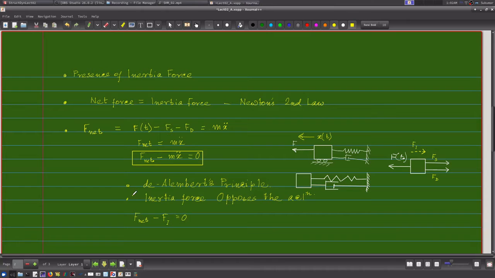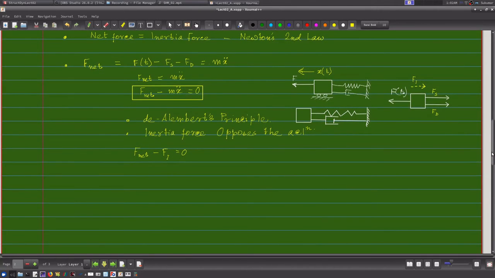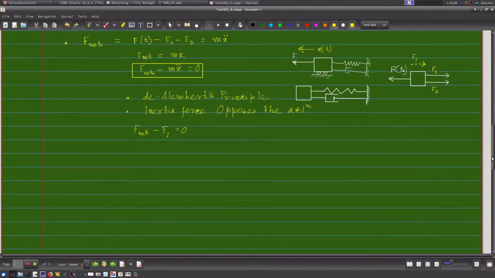Okay. Now let us find out the values of the spring and damper force so that I can write down the full equation of motion. Now, I know that it is a linear spring because we are discussing only linear dynamics. So a spring is characterized by what?